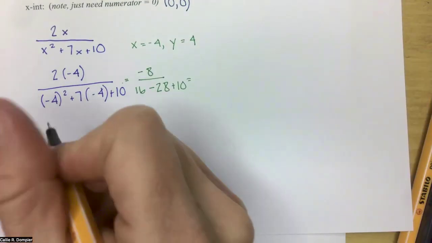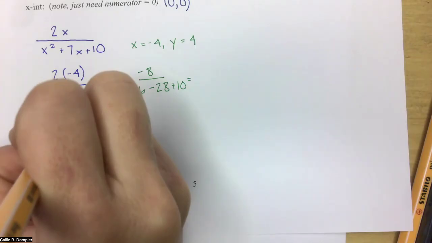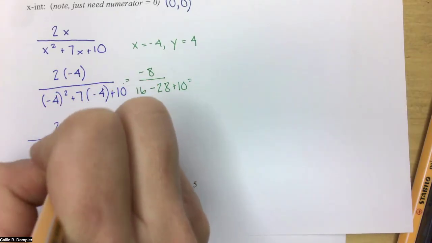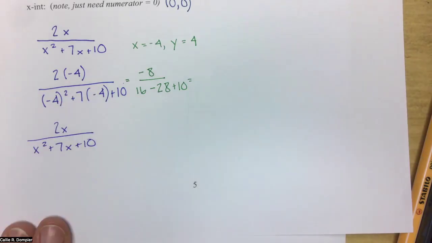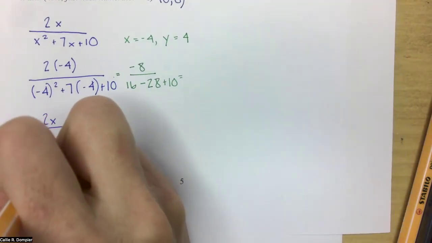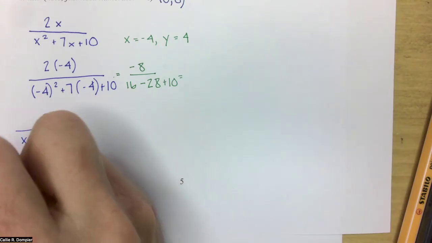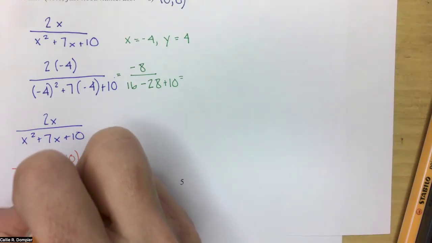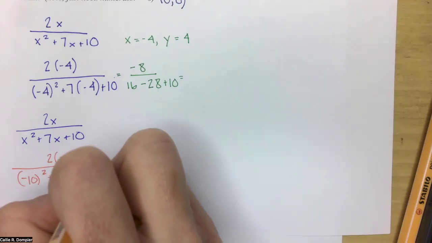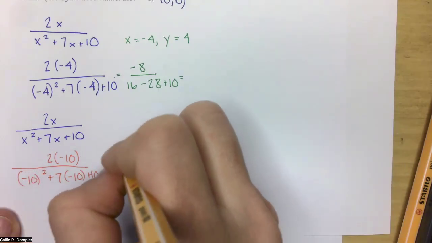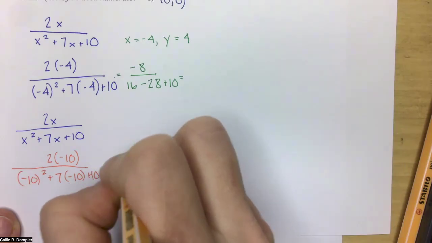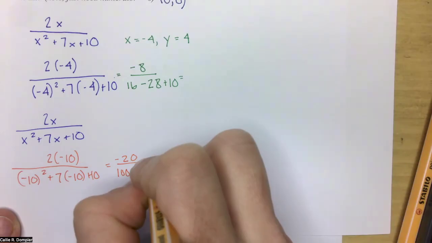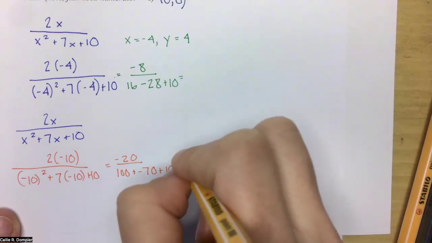So we've got 2x over x squared plus 7x plus 10, and x is -10. 2 times -10 over -10 squared plus 7 times -10 plus 10 is -20 over 100 plus -70 plus 10.